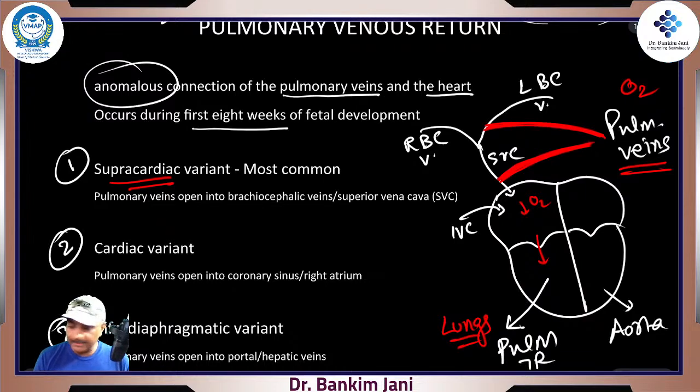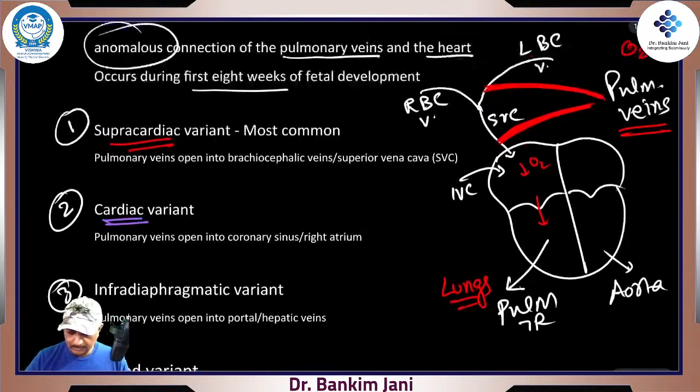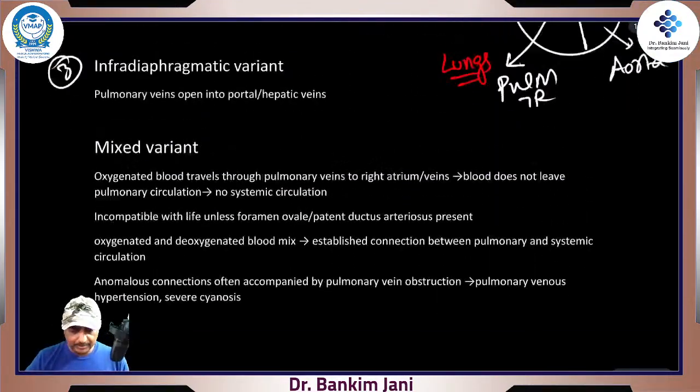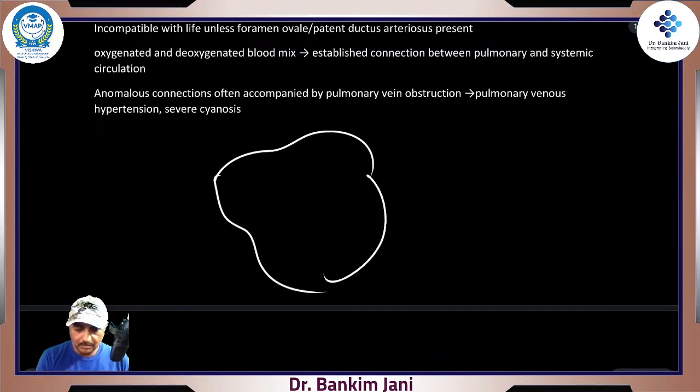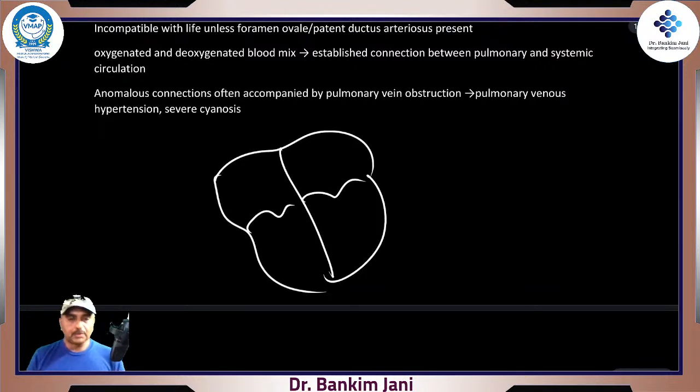The second variant is the cardiac variant. We draw it here. Cardiac. In this, what happens is pulmonary veins open into the coronary sinus or right atrium directly, right?